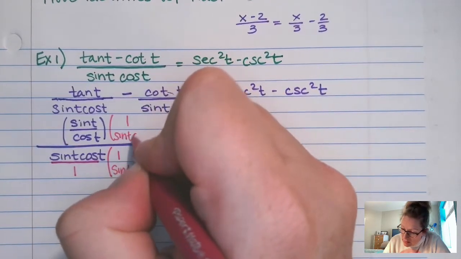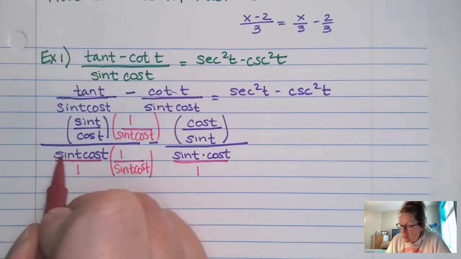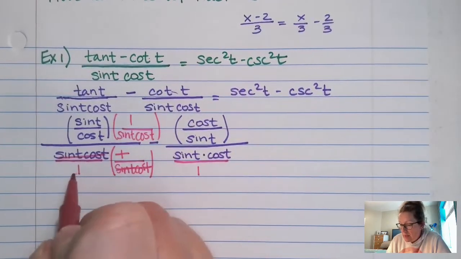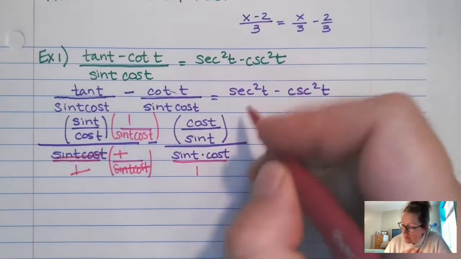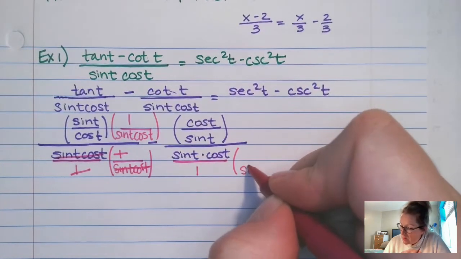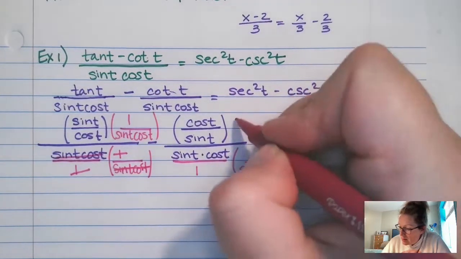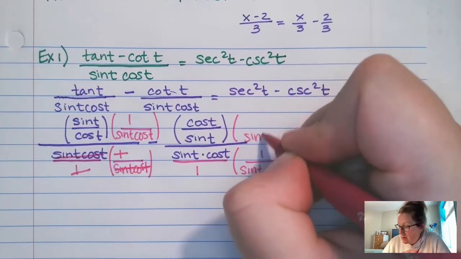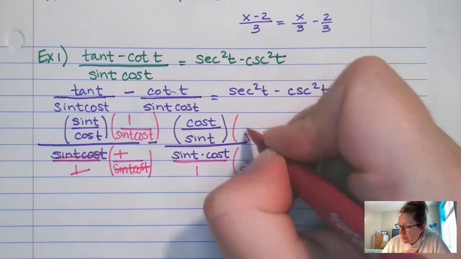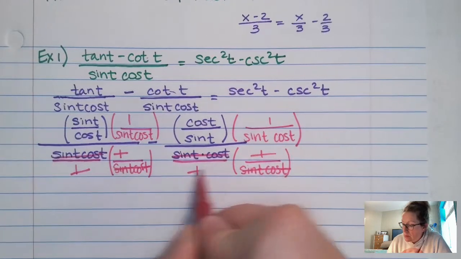Okay, so these ones go away. Yay. And then I got to do it over here, which is the same denominator. So sine t cos t over 1 times the same guy. Cancel, cancel, cancel.